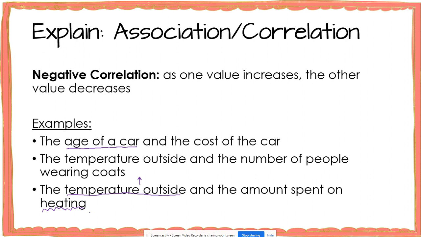They're cooling their houses. So as the temperature goes up, people are not spending as much money heating their house. They're going to change to cooling. So this is going to go down. So because one of them is increasing while the other is decreasing, this would be considered negative correlation.